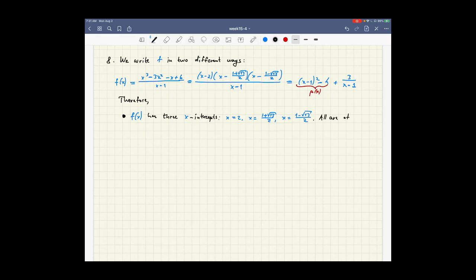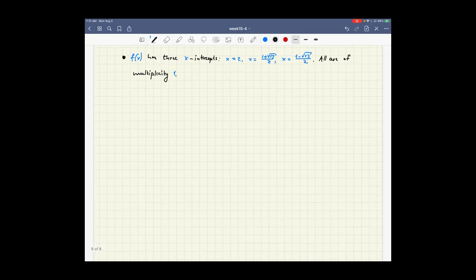All are of multiplicity 1. Now, we know there is only one vertical asymptote at 1. It's also of multiplicity 1.